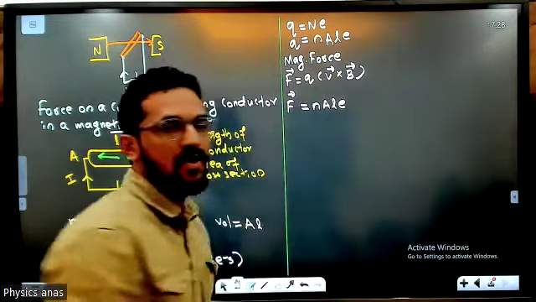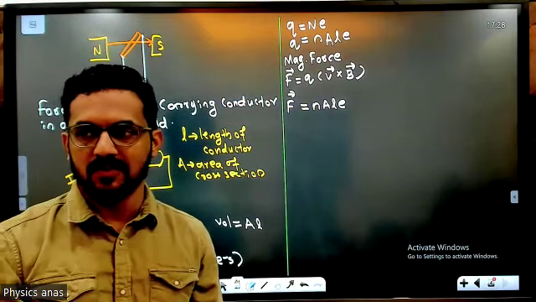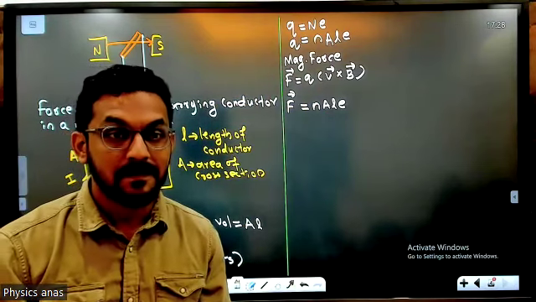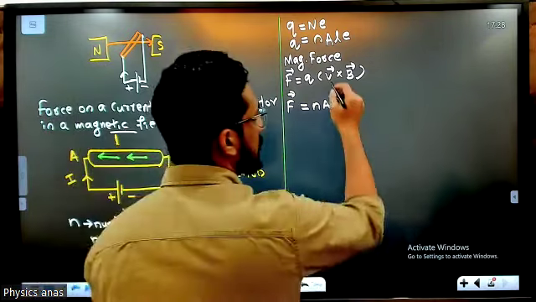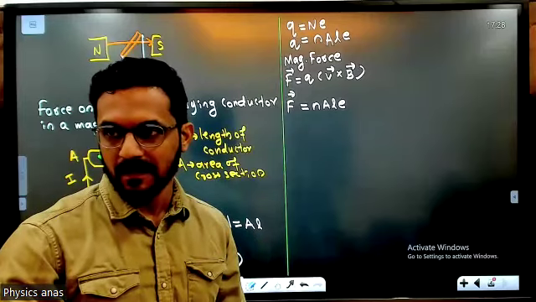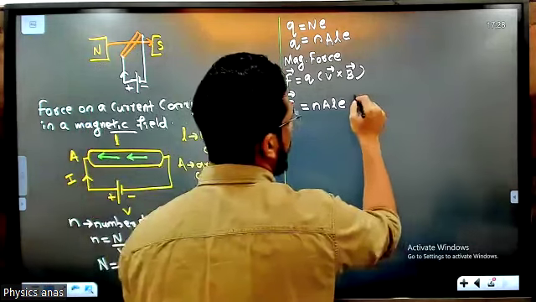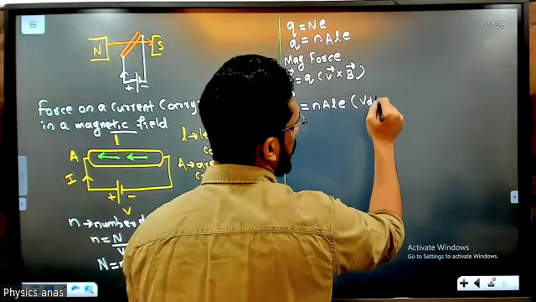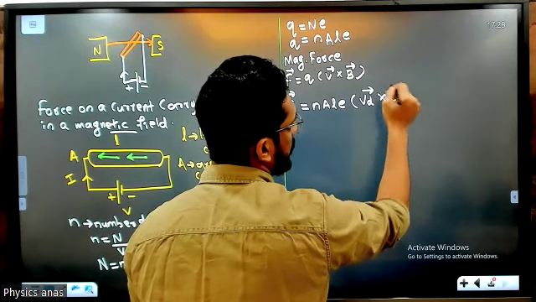This is the velocity of the charge. Do you remember any other term for the velocity of electrons in a conductor? Yes, V_d, the drift velocity. So V is, in this case, the drift velocity. So you can write drift velocity instead of V.